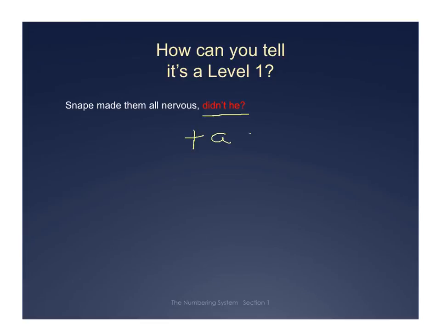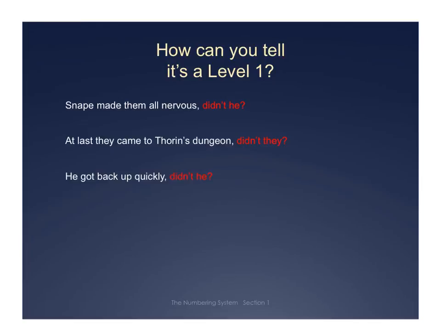Here's another one. At last, they came to Thorin's dungeon. Didn't they? He got back up quickly. Didn't he? You do the next one. Cordelia sits with nonchalance. Doesn't she? And the next one.